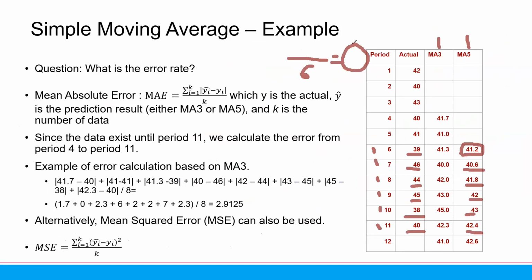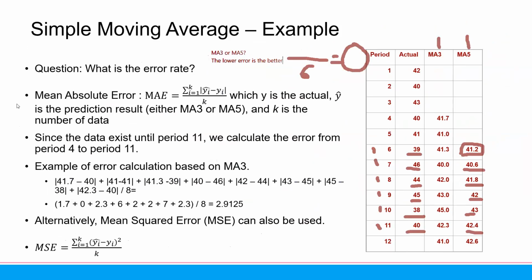So here's the question, which one is better, MA3 or MA5? And the answer will be, the lower error is the better.